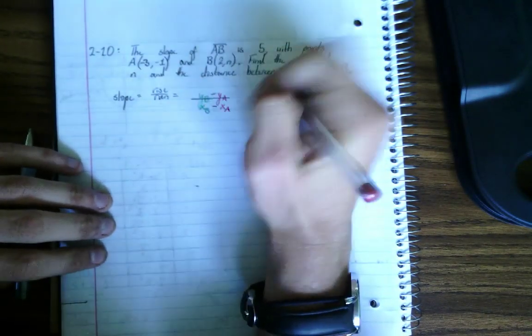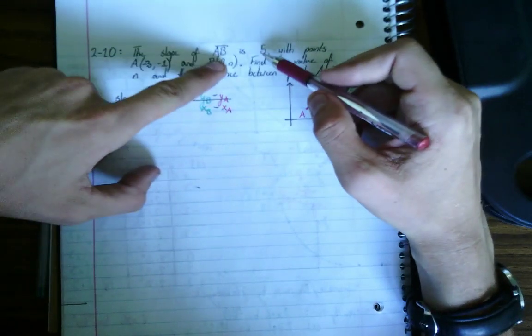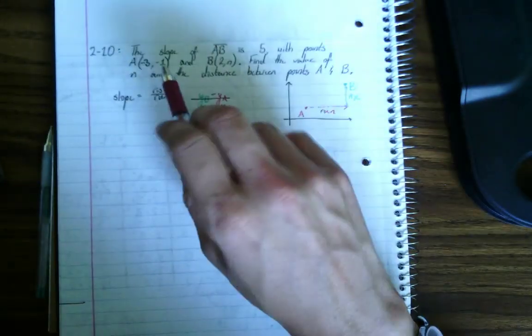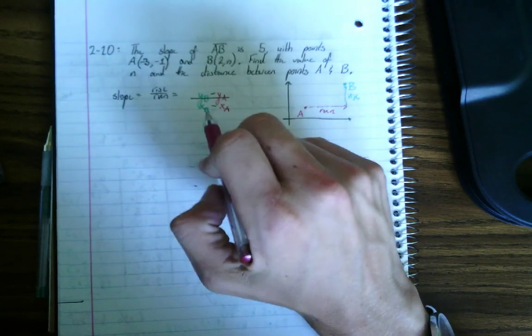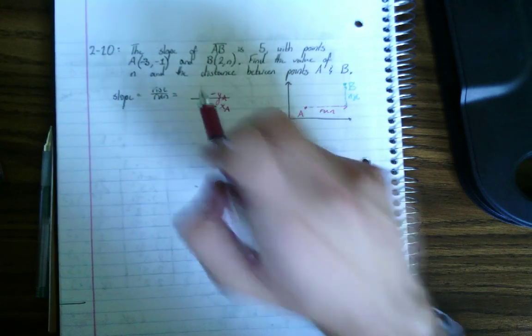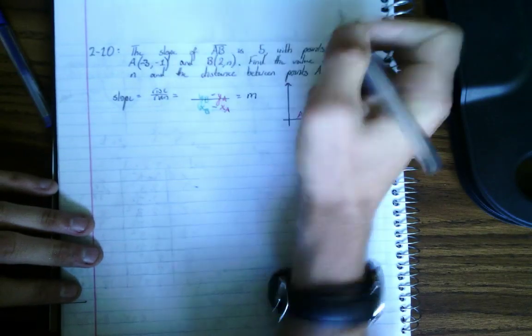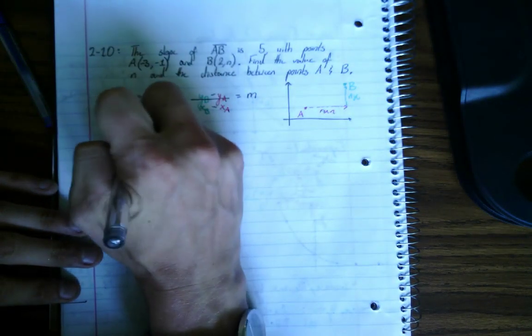So notice how in this case we have our slope, we have our x and y values for coordinate A, we have the x coordinate for B, but we're missing the y. This is our n. So we might want to organize our information first. We know that our slope, which can also be seen as m, is equal to 5.